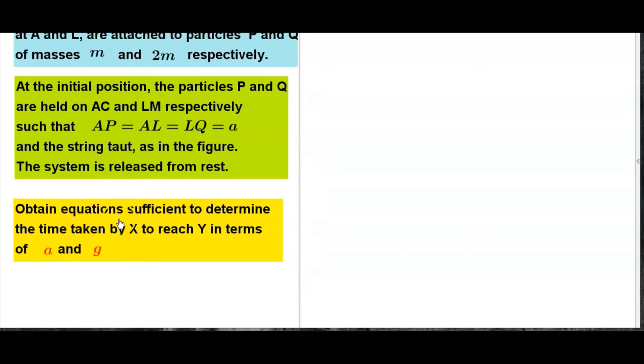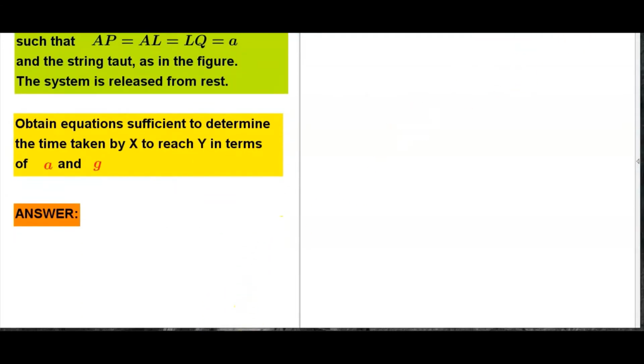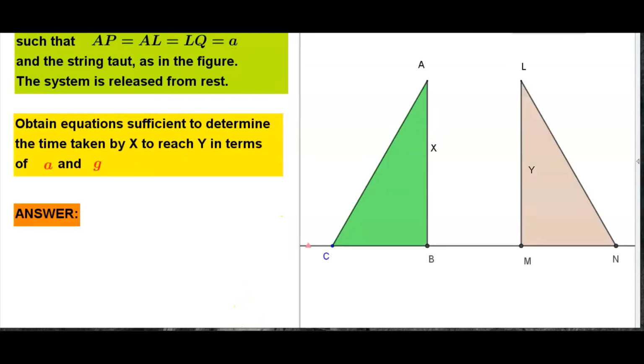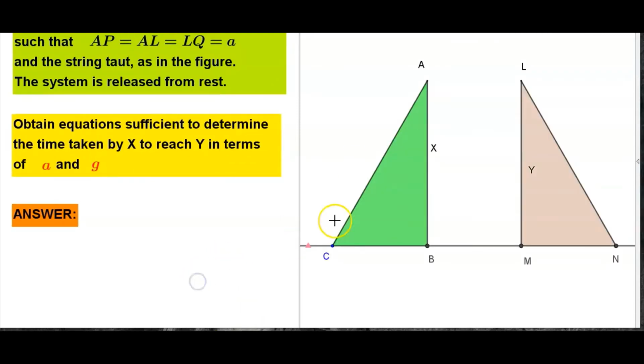Obtain equations sufficient to determine the time taken by X to reach Y in terms of a and g. Answer for this question: two wedges. This wedge ABC is movable and wedge LMN is fixed.